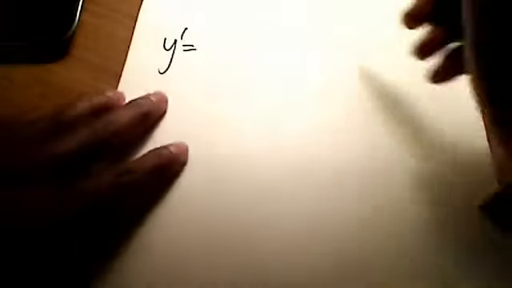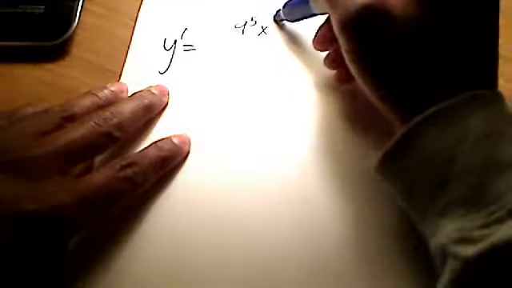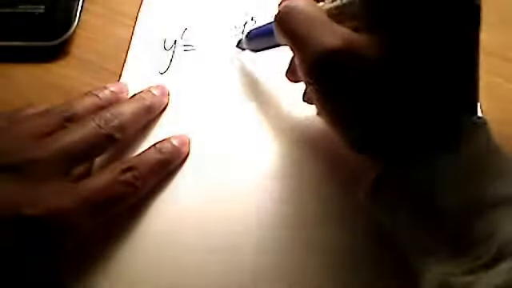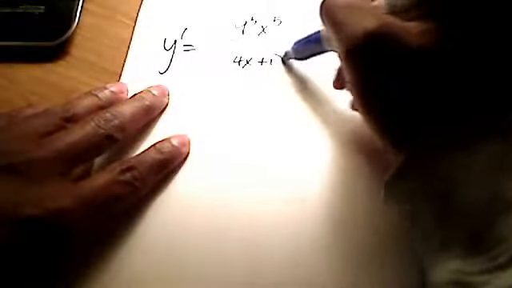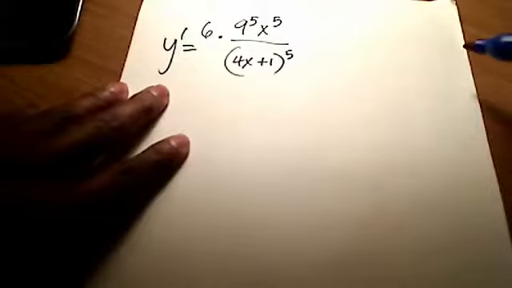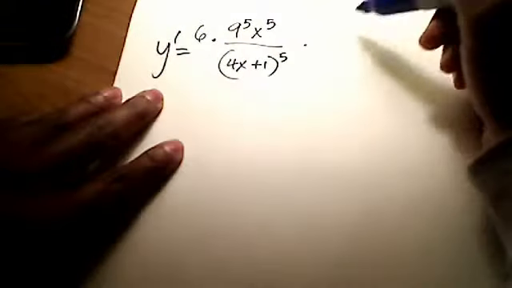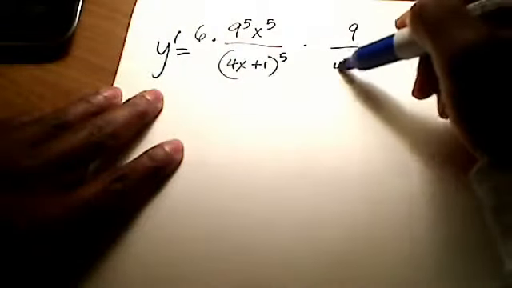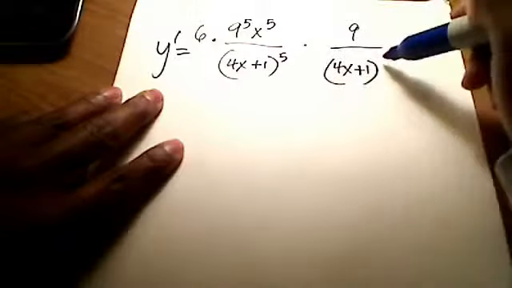All right, so here's what I've got. I've got 9 to the 5th, x to the 5th, a 4x plus 1 quantity to the 5th. I had a 6 out front, and I'm also multiplying by another 9 and 2 more of these 4x plus 1s.